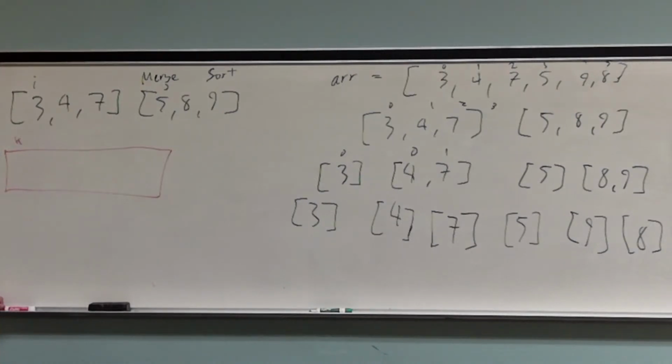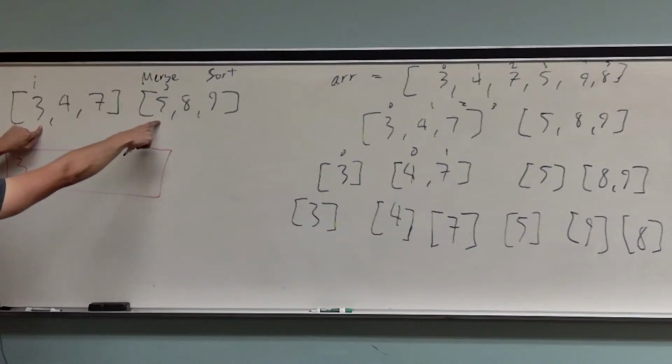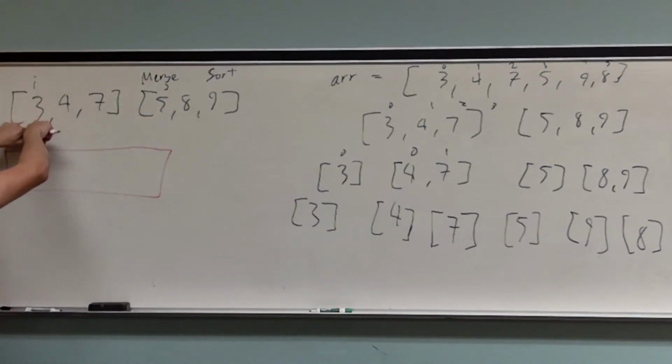All right, so let's go together, right? So what do we put? What's the first thing we put? 3. So we have to compare 3 to everything. Yeah, so we actually compare 3 to this value here, to the value in this array. And then once we see that this is the smaller one, we insert it, and then we move this up.